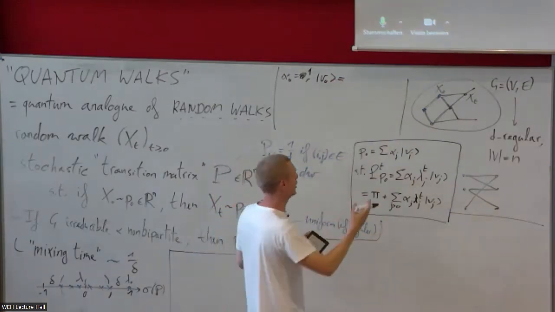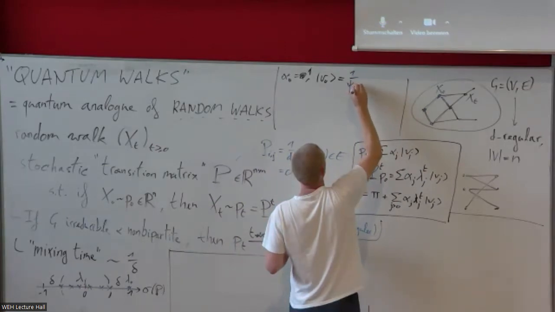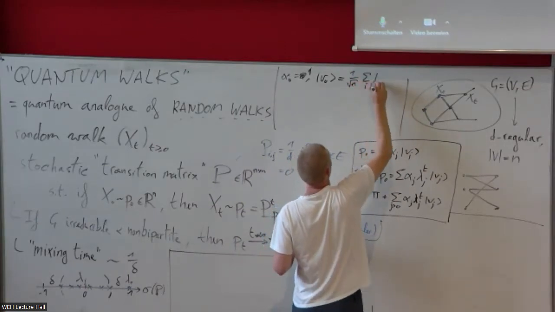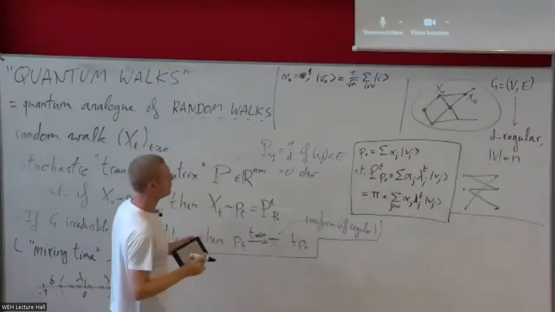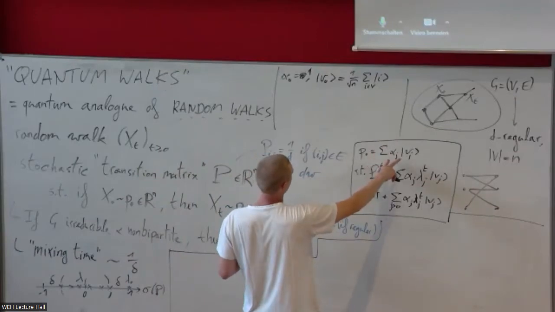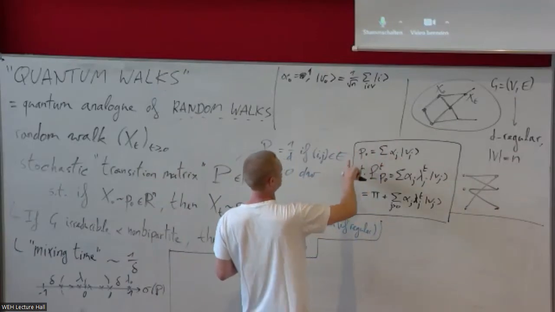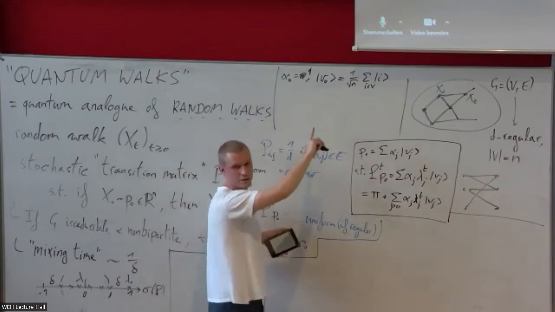But we're looking at a spectral decomposition, so we want something normalized. So it's 1 over square root n sum over i, where i is the set of vertices of the graph. And then this term corresponds to the projection of your initial probability vector onto the stationary state.